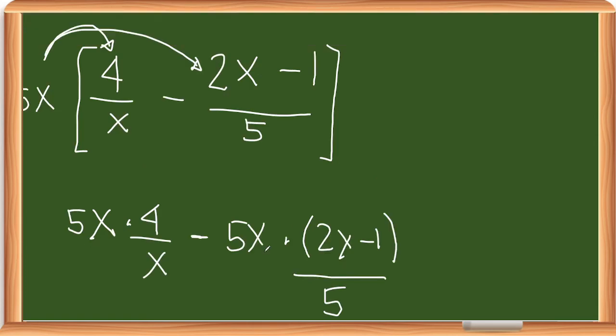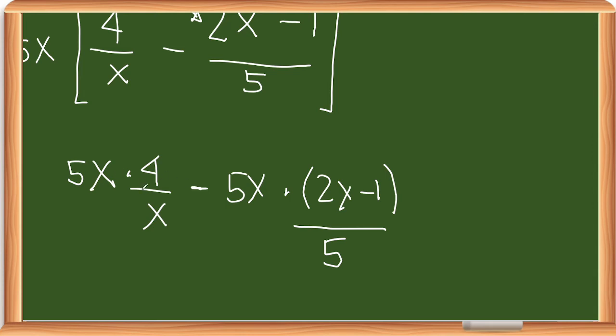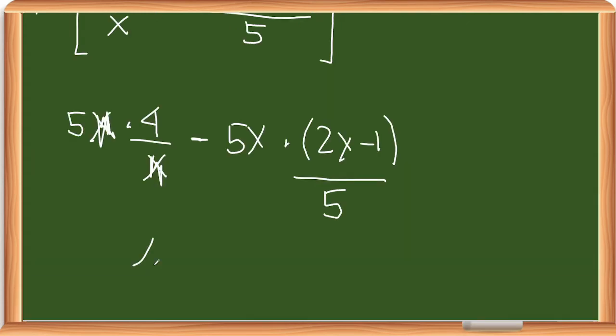Once you have multiplied, let's cancel this x, because there is an x here and an x there. What remains? 5 times 4, so we put 4 there. And then minus, what do we cancel here? The 5. There is a 5 here and a 5 here. So what remains is x, so negative x. Don't forget the sign here. Negative x times 2x is negative 2x squared.